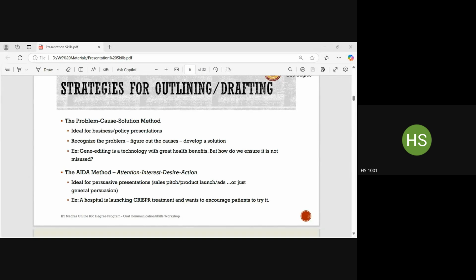If the idea is to persuade them to act in a particular manner or to take a certain decision, then your method would be the AIDA method. But it can also be the problem, cause, solution method. But there your intention is different. Your intention is to arrive at a solution. So it's not just the topic that determines the method. It is also the manner in which you approach the topic.